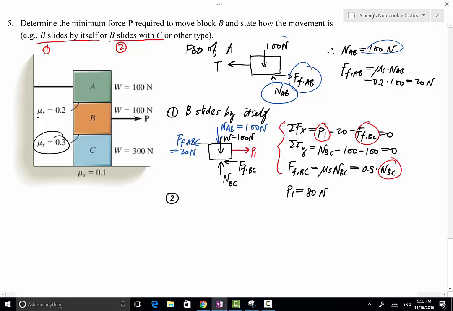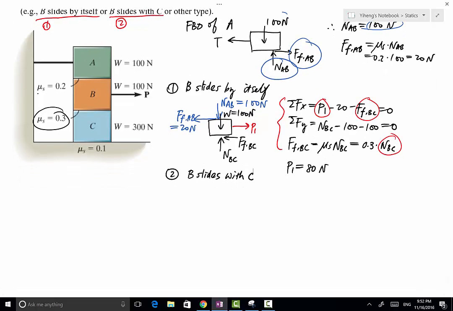And now let's solve for the second situation when B slides with C. So for this second situation, we're going to draw the free body diagram of BC together. So they are now considered as one system. So we have the total weight, I'm going to put it here at the center. Total weight is 100 plus the weight of C, which is 300.